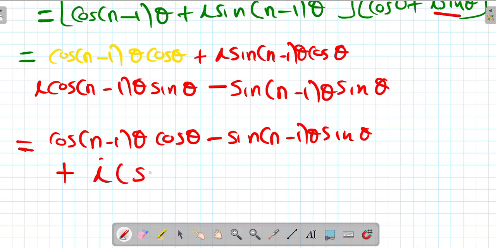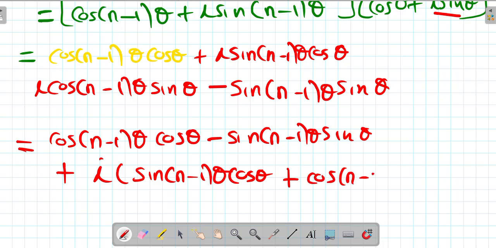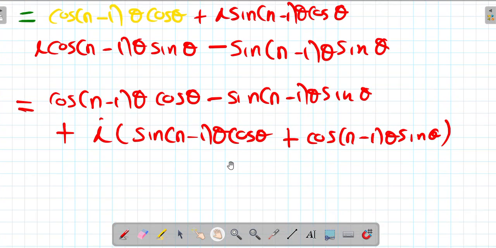The first term will be sine (n minus 1) theta cos theta, and the other imaginary term is here, plus cos (n minus 1) theta sine theta.